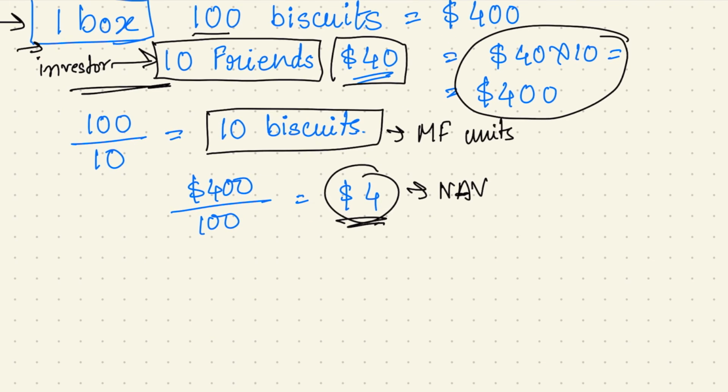There are a few points to remember when we look at a mutual fund. First point: it is a financial vehicle. Why is it a financial vehicle? Because it is a vehicle where, in this structure, we are investing in different kinds of securities. That's why it is known as a financial vehicle. Next, it is professionally managed.